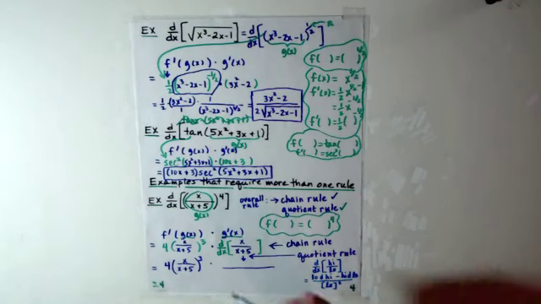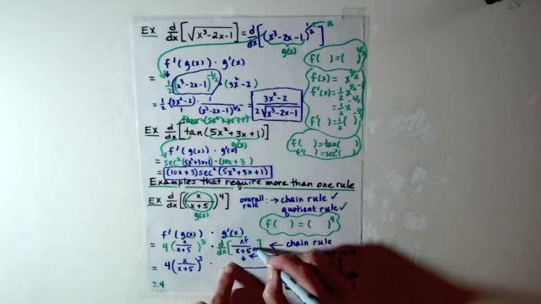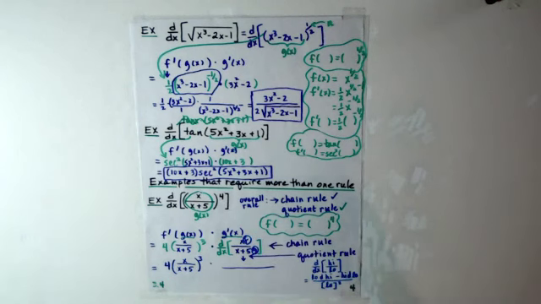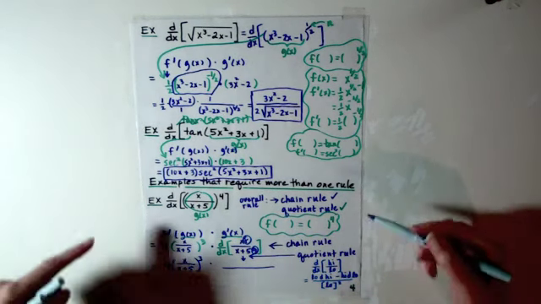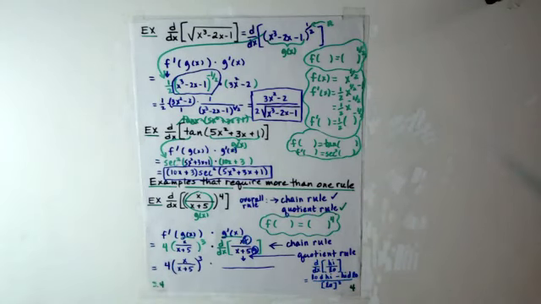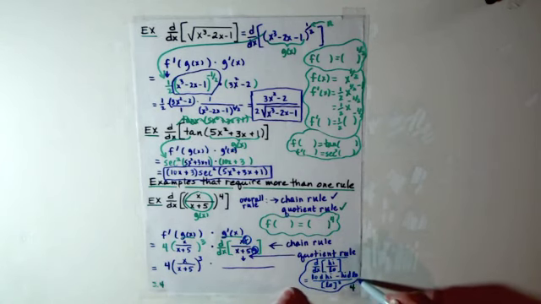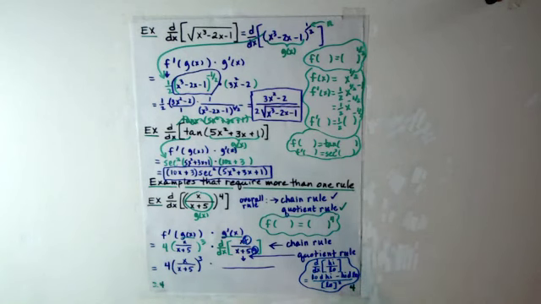If you re-identify these things as an f over a g, just keep in mind that your f and your g mean something different than in the first step where we were applying the chain rule and we were identifying the outer function and the inner function. That's another reason it's kind of nice to use this little jingle that I have over here to find the derivative rather than having to use another f and a g in this second rule that we're applying, the quotient rule.